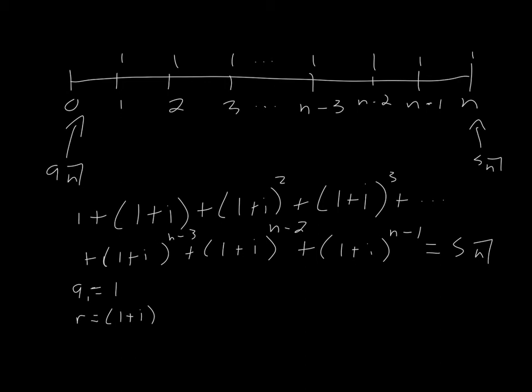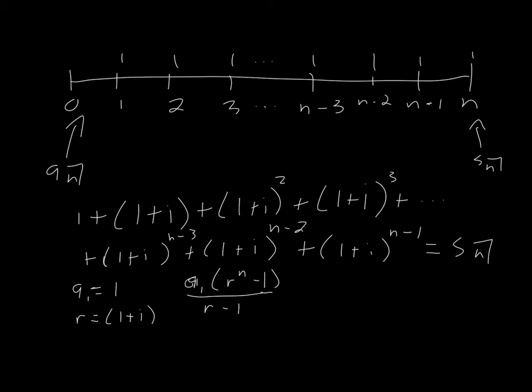So the sum of this series is, well, let me first write the formula: a1 times (r to the n minus 1) over (r minus 1). This is one form that the geometric series formula can take; there's more than one way it can look.